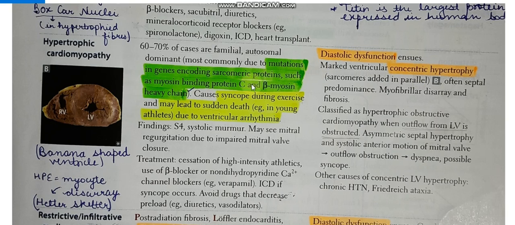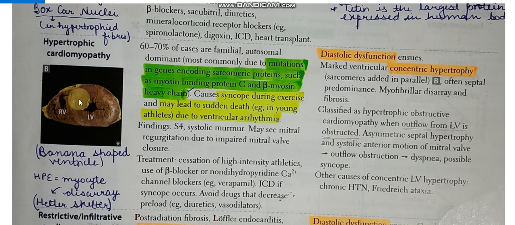I have told you that when the muscle mass grows away from the ventricle, it is the eccentric hypertrophy, and when the muscle mass grows inside the ventricle, it is a concentric hypertrophy. The second thing I have told you, the septum is involved and it is asymmetrical hypertrophy.